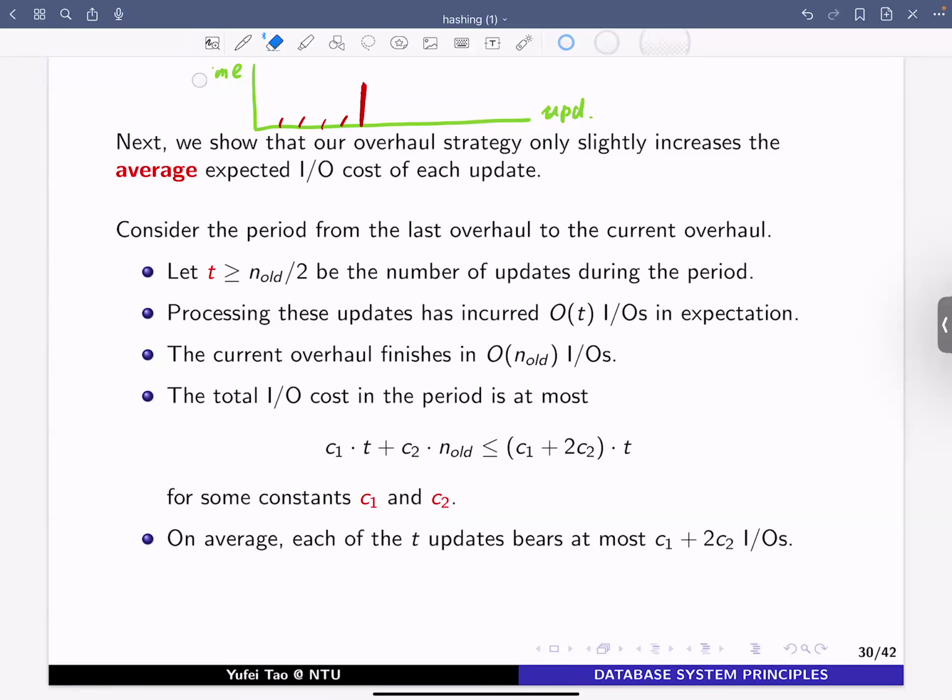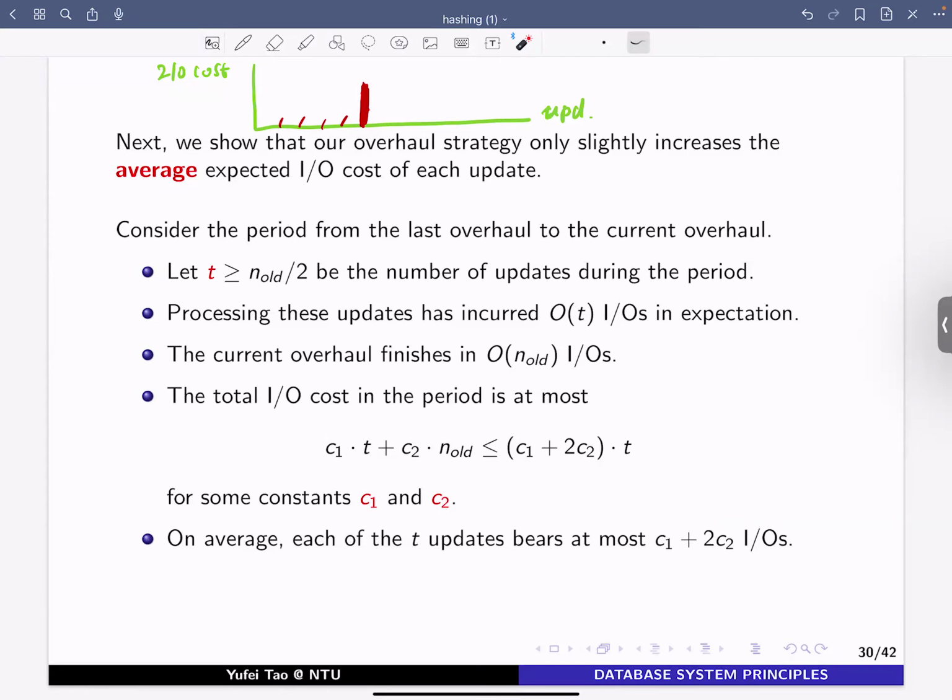By cost I mean the I/O cost for handling this update. Occasionally there will be a huge spike, but on the other hand, there will be all these short stubs representing the fact that most updates are handled with just a constant number of IOs. Then occasionally a huge spike comes up, which is like n IOs.